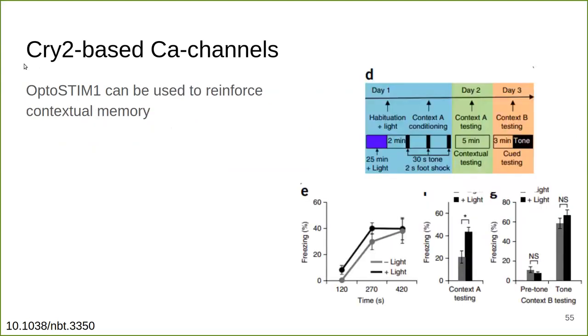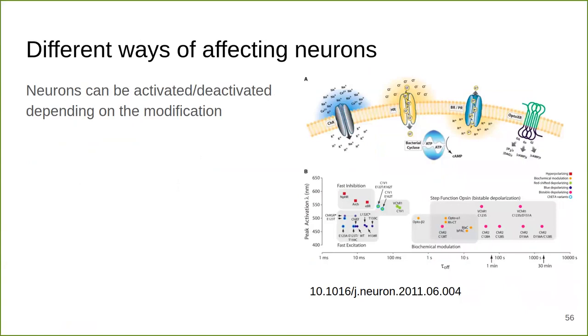And they also have the ability to activate some parts of the brain, and if you introduce them to very specific neurons, you can use it to reinforce contextual memories, as in this study. So yeah, it can also be used to provide a very specific change in neural activity.